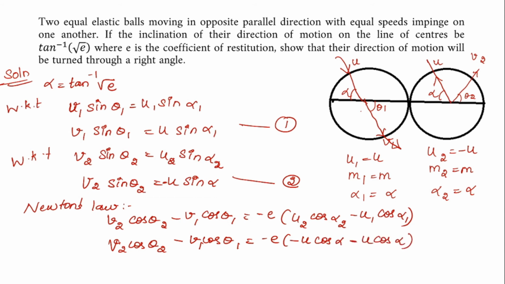So there are two minus u cos alpha, it will be minus 2u cos alpha. So minus of minus will be plus, so finally you will get 2eu cos alpha. Okay, so v2 cos theta 2 minus v1 cos theta 1 equal to 2eu cos alpha. Mark it as equation 3.